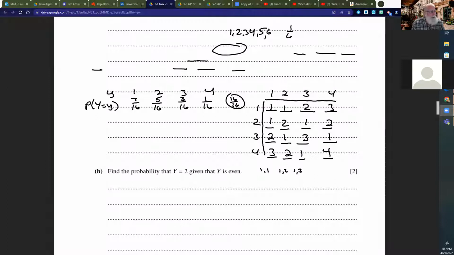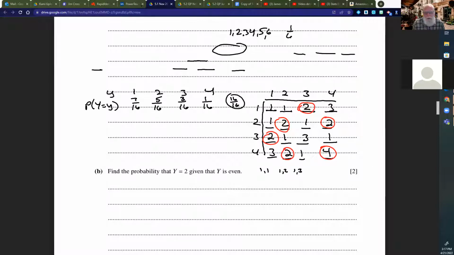All right. So in this case, what's happening is they've actually reduced the number of things I got to care about. All I got to care about are the even numbers. This is an even number, even number, even number, even number, even number, even number. Now, those are all the possible even numbers.